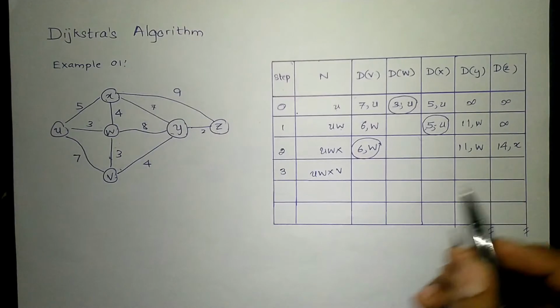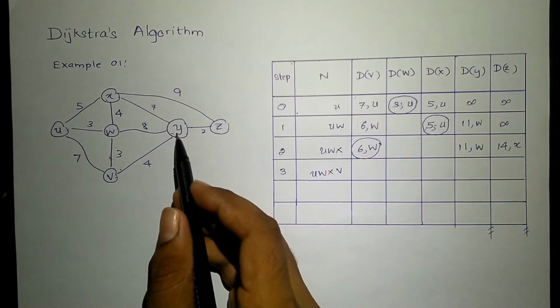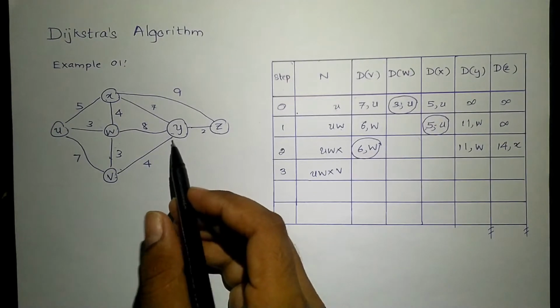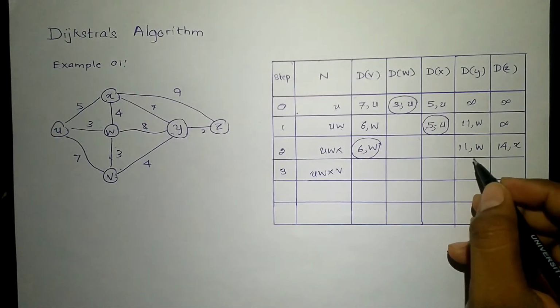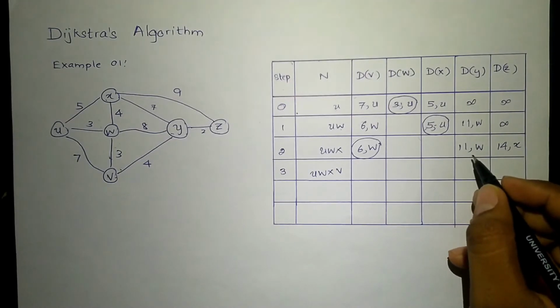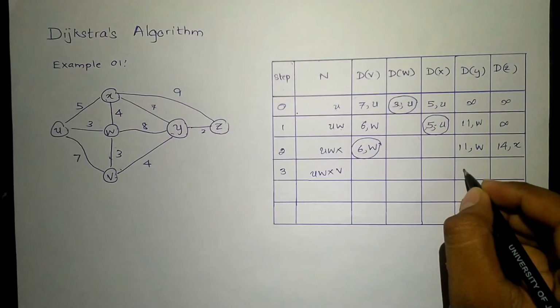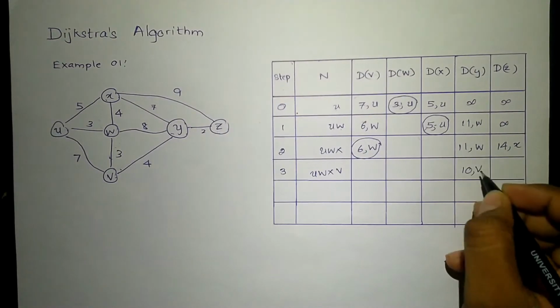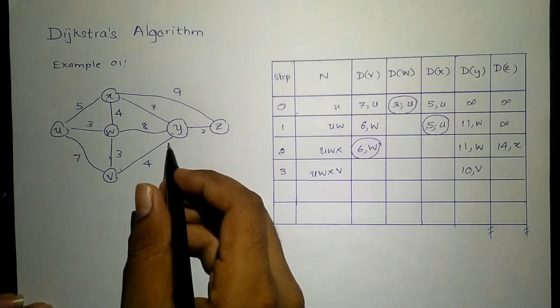So the distance to y is 10v. Before writing, we have to consider the previous value. It's lower than the previous value, so we are going to write 10v. The v is taken from here, as we are coming from v.